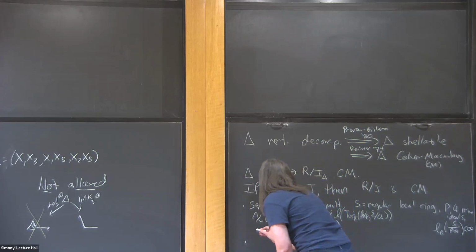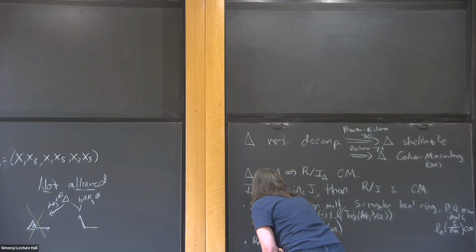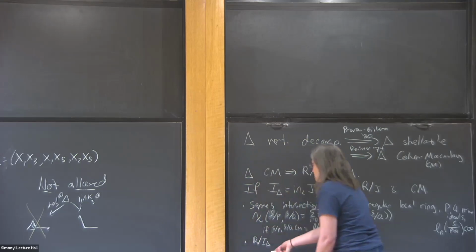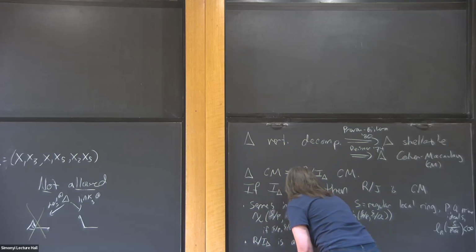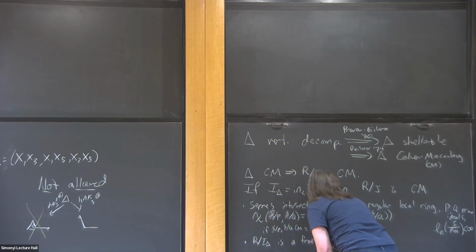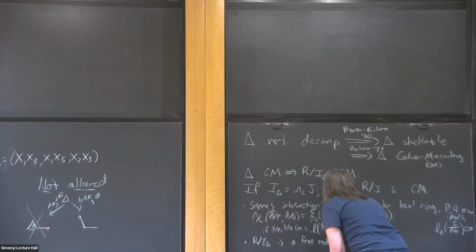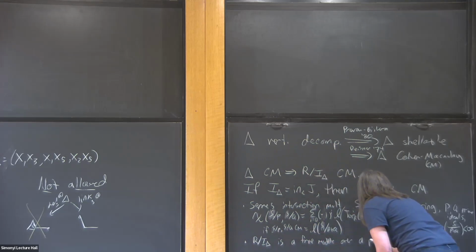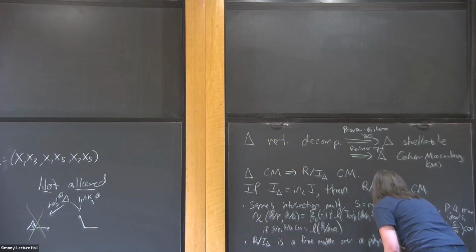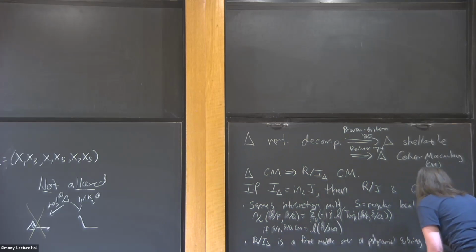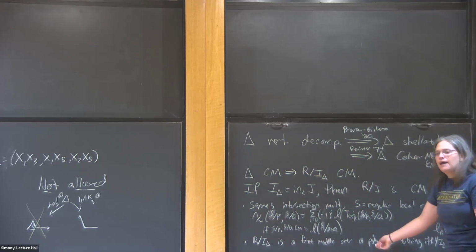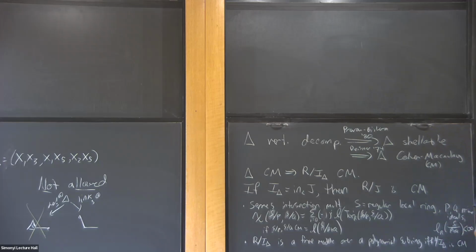Also, now we're back to honest R. R mod I delta, so this is a squarefree monomial ideal, is a free module over a polynomial subring if and only if R mod I delta is Cohen Macaulay. And so why do I think this should be of interest to people in this room?